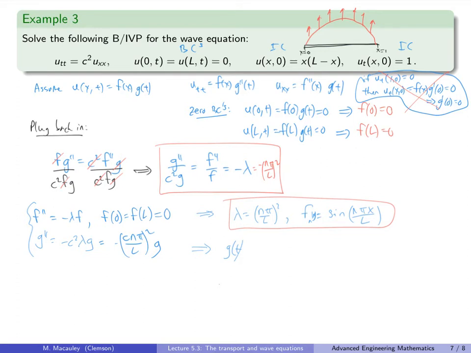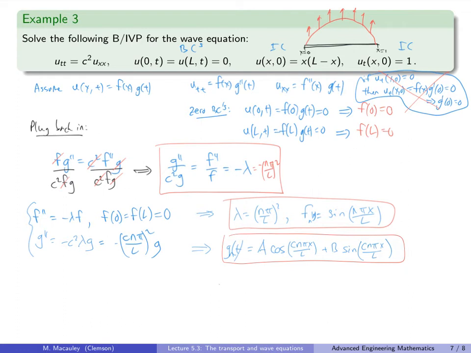So g(t) equals a cosine of c n pi t over L plus b times sine of c n pi t over L. It's much easier when L is equal to pi here, because then these pi's cancel and things just simplify. Okay, so that's g(t). Let me call this g_n(t), because it's for a particular n.